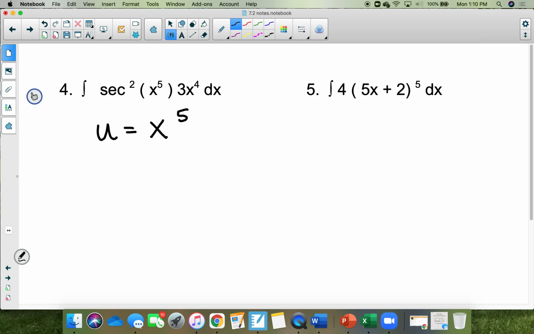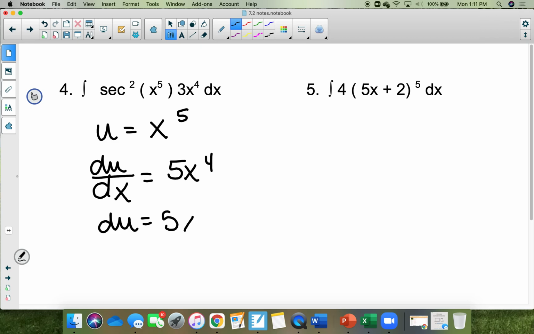You're going to take the derivative of that inside part. You are going to multiply both sides by dx. You're going to get dx alone.